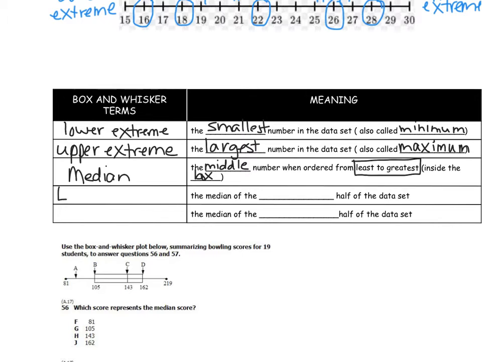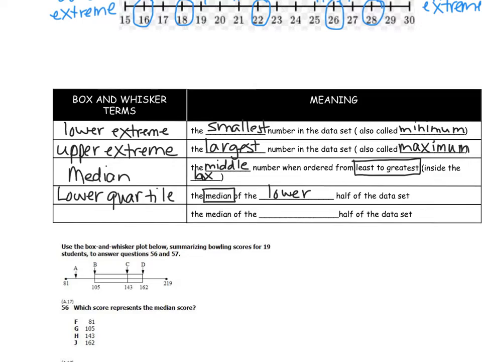Then the other 2 words, one of them is lower quartile, and that's another median of the lower half or the bottom half of the data set.